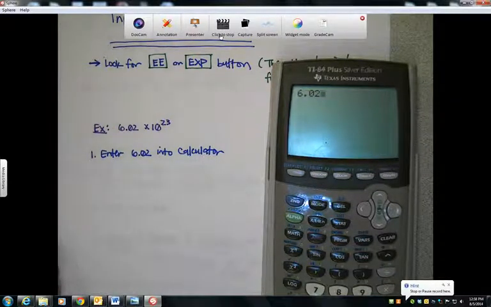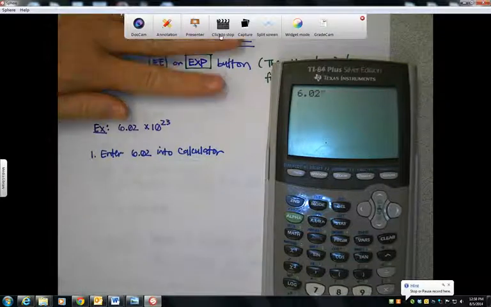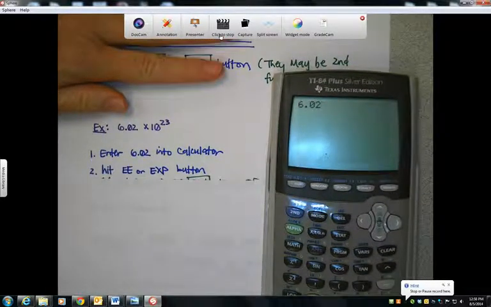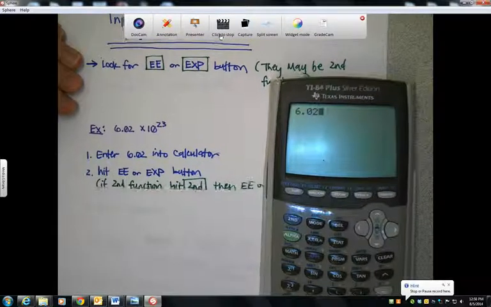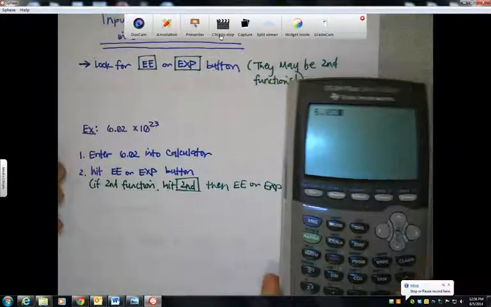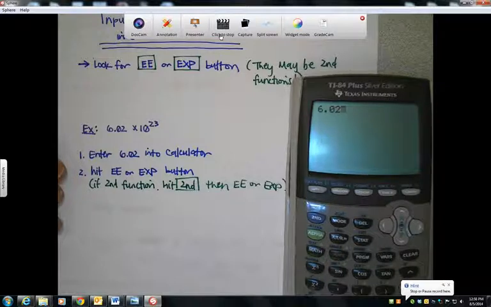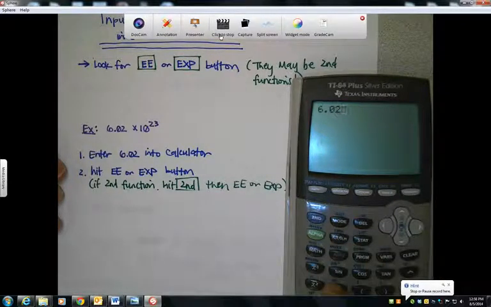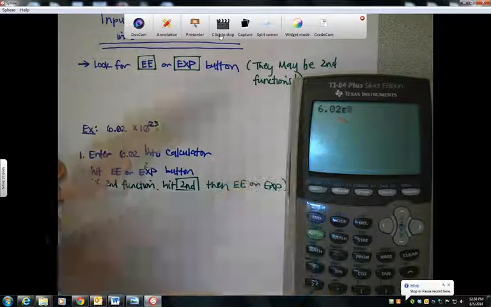Easy. Now the second thing you want to do is hit your exponent button. Remember, if your EE or EXP button is a second function, you have to hit second function first. Mine's a second function, I don't have an actual EE button. So I hit second function, and what I get is this little E.